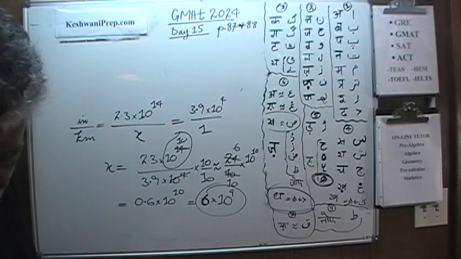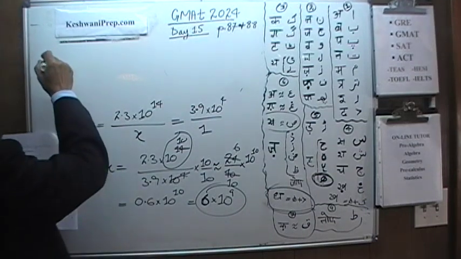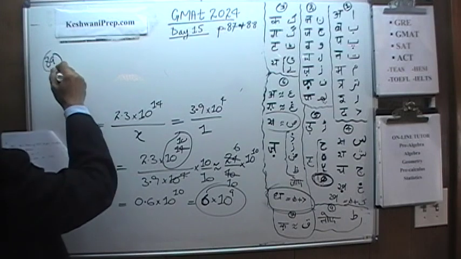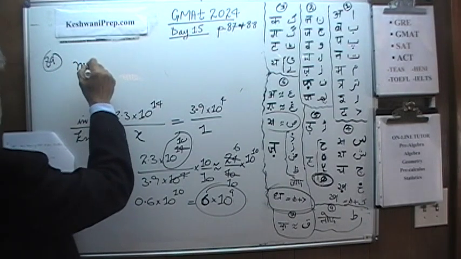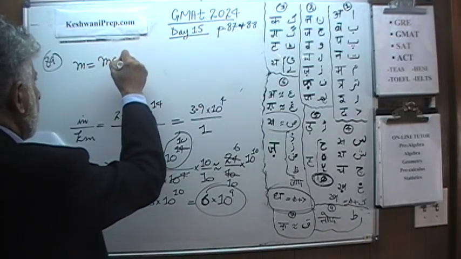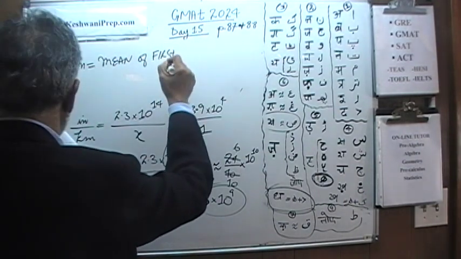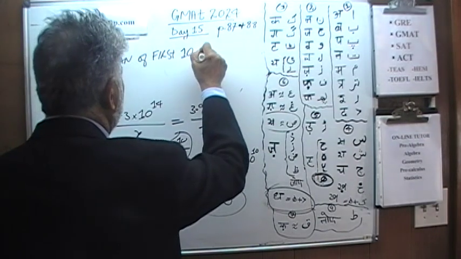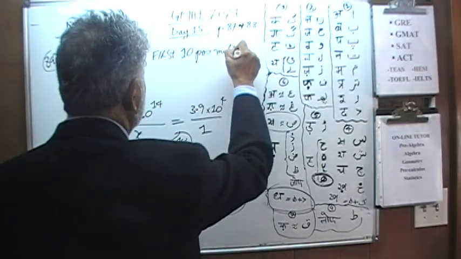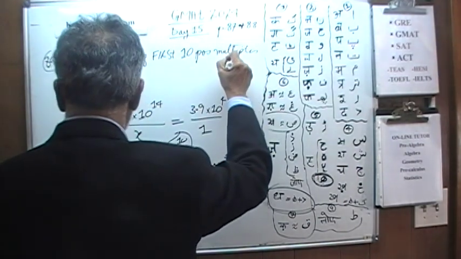In number 89, this is what is going on. We are told that the small m equals the mean of the first 10 positive multiples of 5.